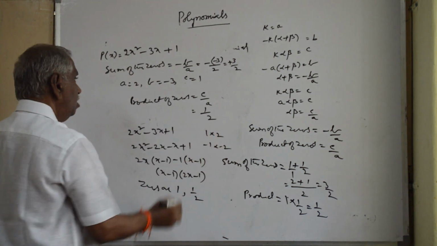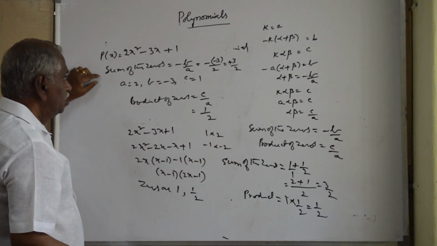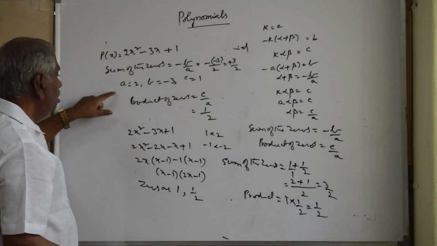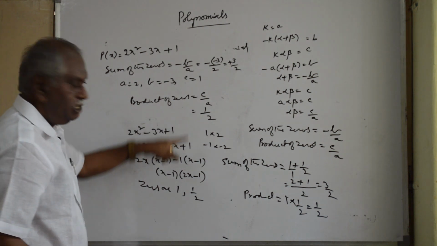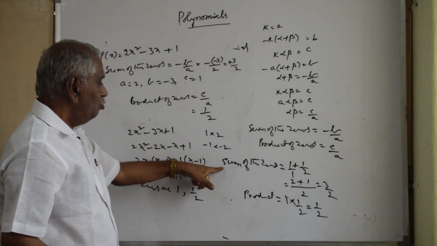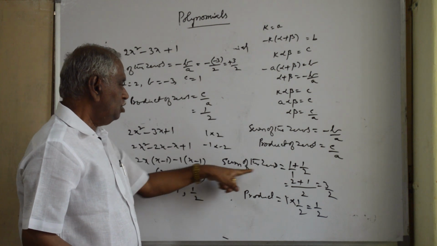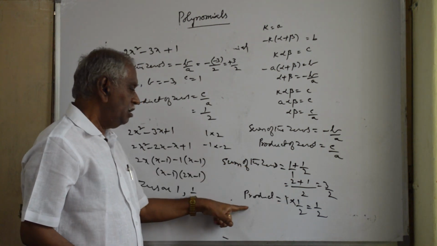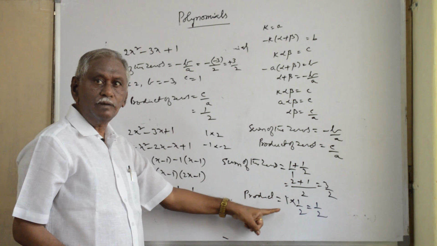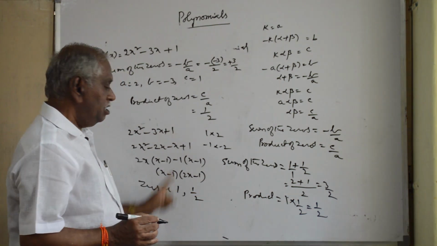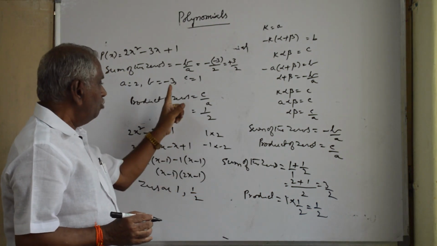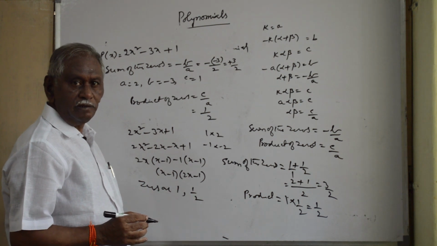Now let us verify by the formula. Sum of the zeros is equal to 3 by 2, and the product is equal to 1 by 2. From this we have observed that the sum of the zeros is equal to 3 by 2, and the product of zeros is equal to 1 by 2. So we have done the same thing here. We have proved both the ways. Thank you.